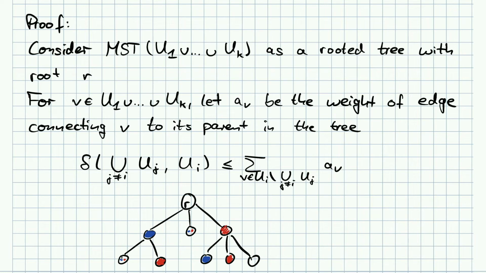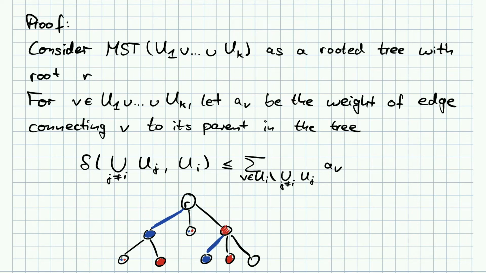But if we add, for example, this edge here and this edge here, then suddenly all the blue vertices are connected to red vertices. Same here and same here, because this blue vertex is already a red vertex. So we only go up in this tree.